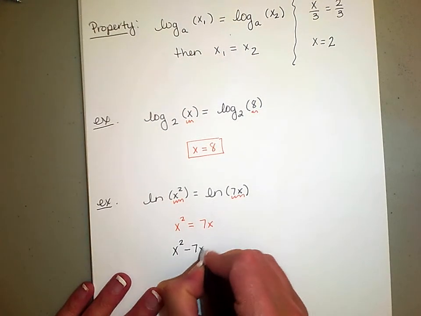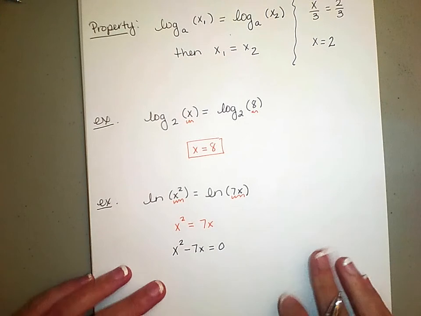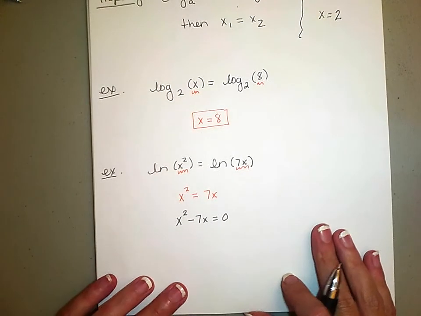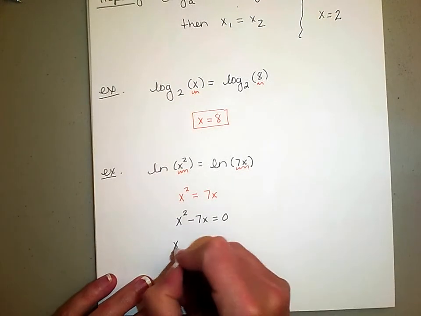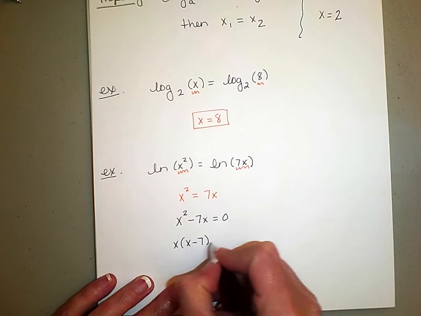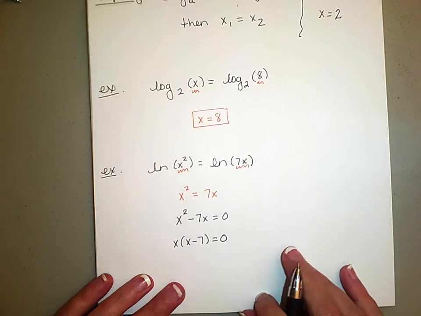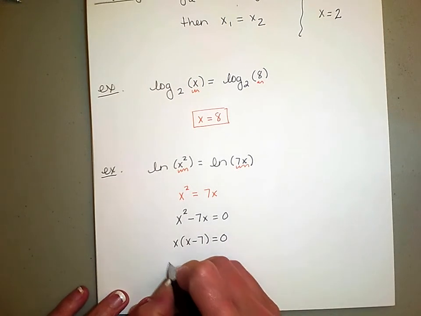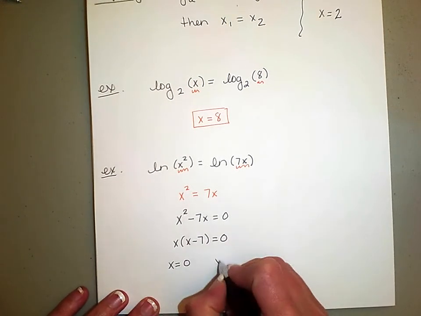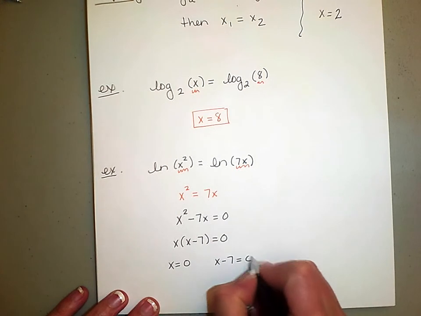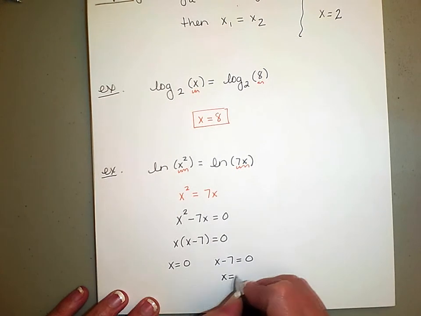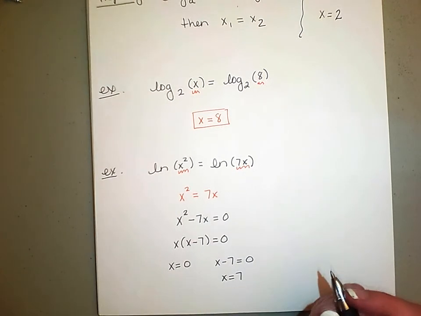So let's subtract 7x over to the other side, equals 0. Then I can factor this, so x times x minus 7 equals 0. Now it's factored, so it's either that x equals 0 or x minus 7 equals 0, so that x equals 7.